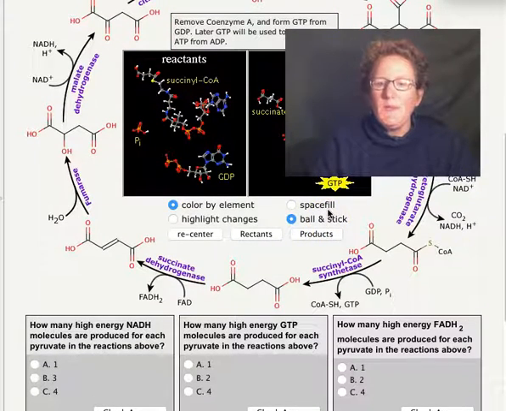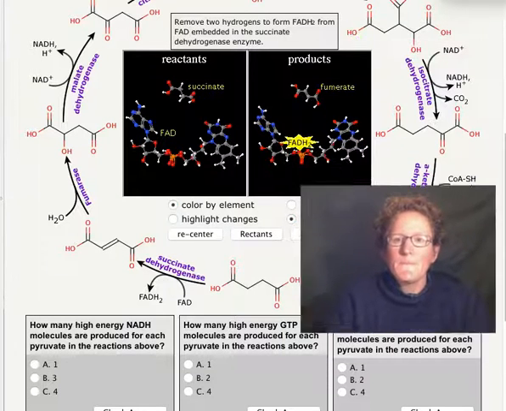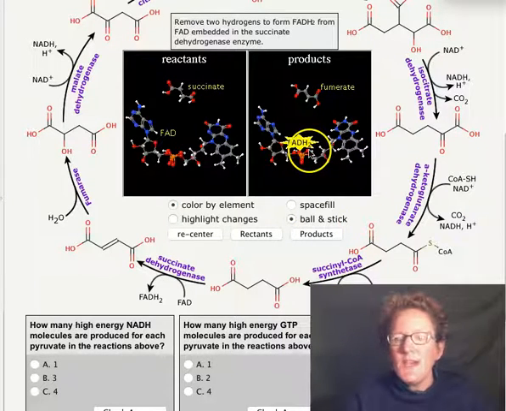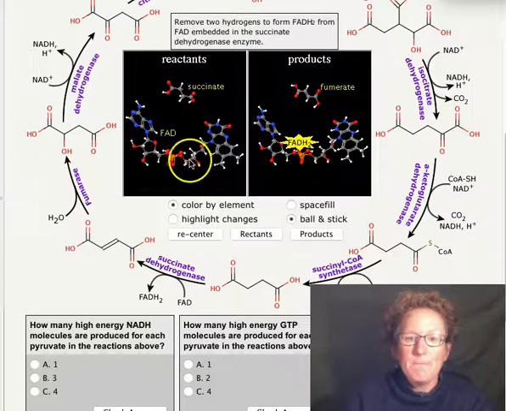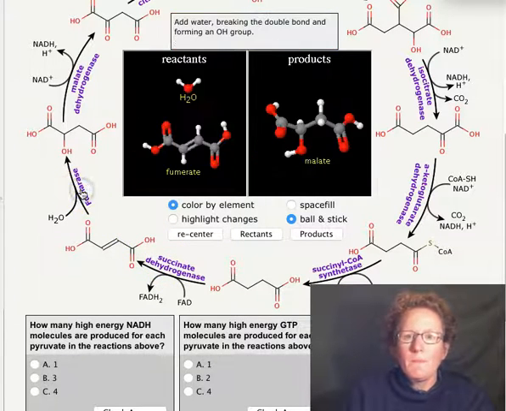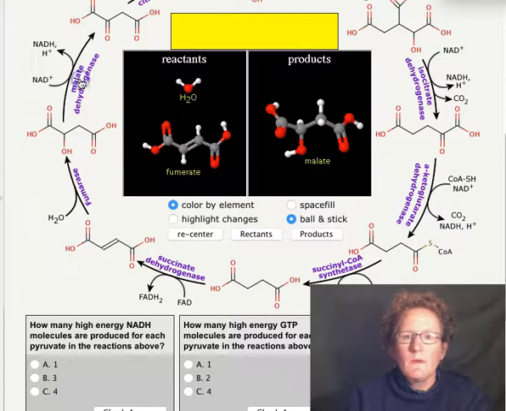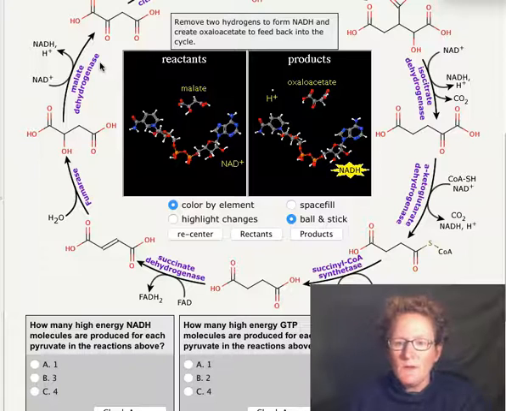There's a GDP. There's an FADH2. Remember, there's a spot for that on your tally sheet. And there's another NADH, and then we start the cycle over again.